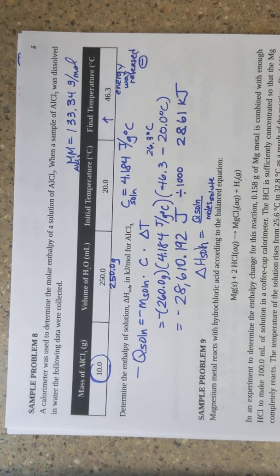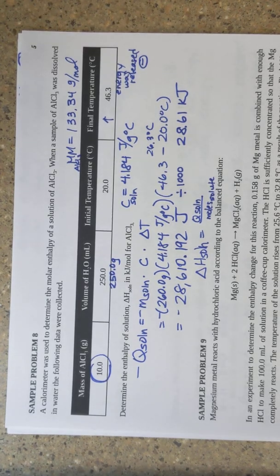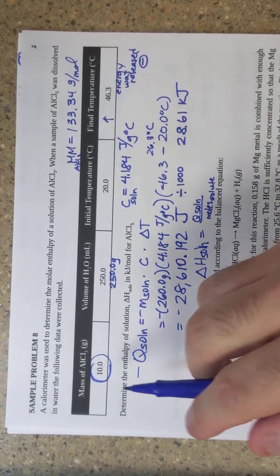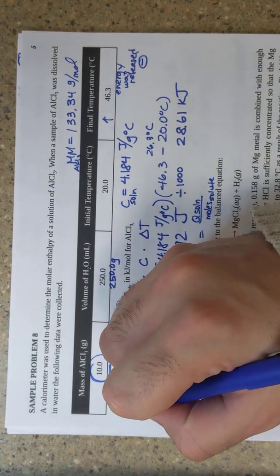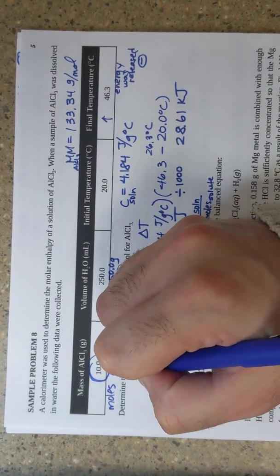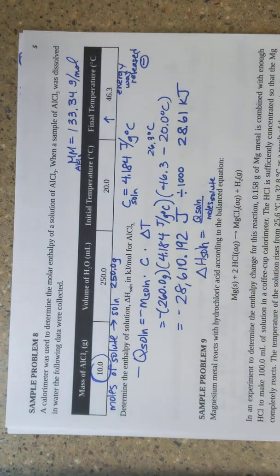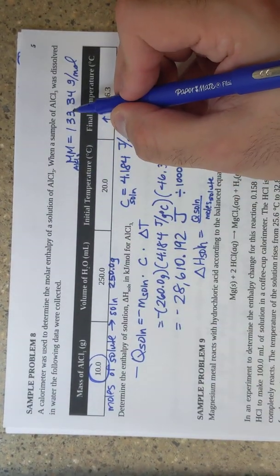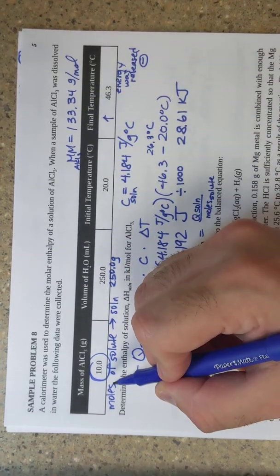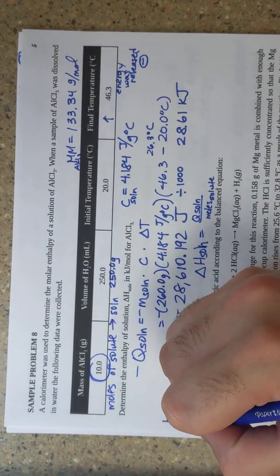This enthalpy of solution comes from dissolving my solid in the solution. So I want to know how many moles of solute did I dissolve. So I'm going to do that math over here. I told you the molar mass is 133.34, and I gave you 10 grams.